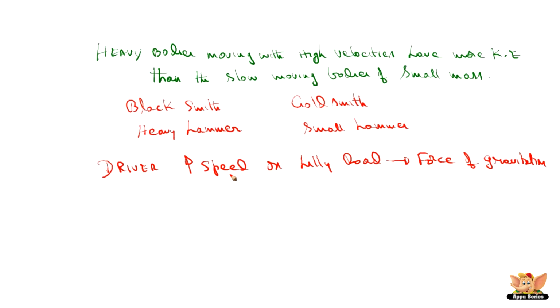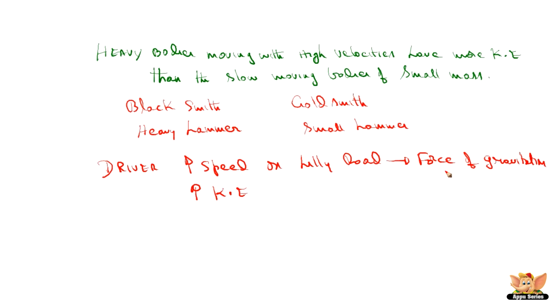So the driver increases the speed of his car on approaching a hilly road so that it can have more kinetic energy to go up against the force of gravitation. So he increases the speed so that kinetic energy also increases, and the car can go on the slope of the hills smoothly.